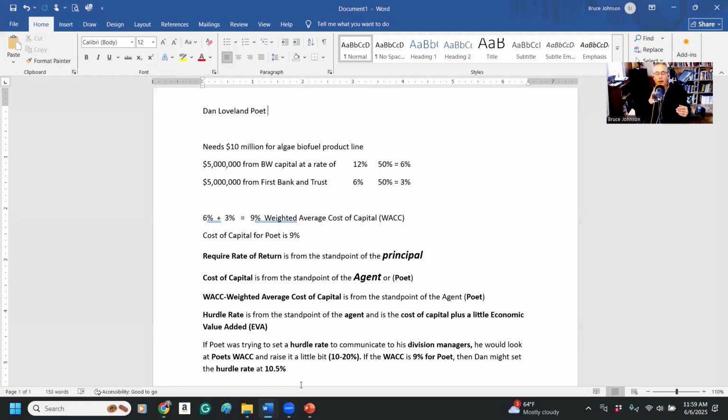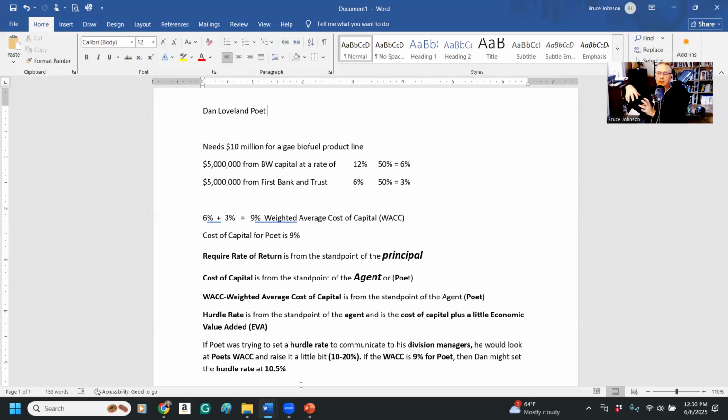Hopefully for a lot of you, this sparks a bunch of questions, because you're going to be like, well, wait a minute, how does risk relate to that? Dan might say, okay, not only are we going to have a hurdle rate of 11%, but we're also going to try to benchmark risk in that product line based on knowledge.